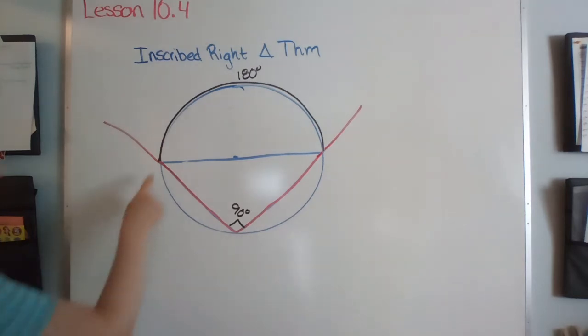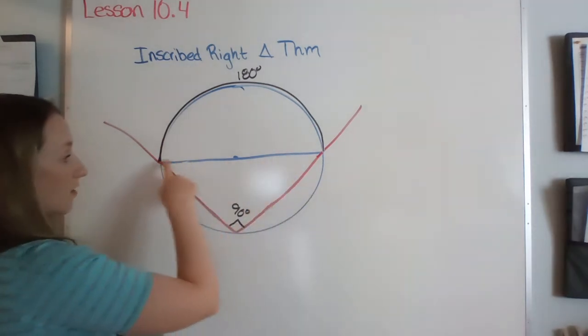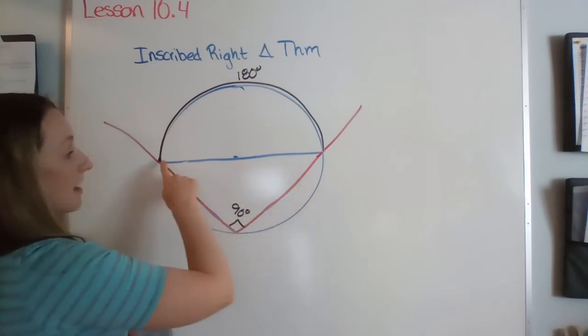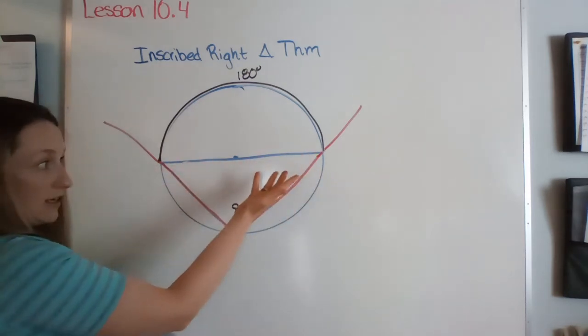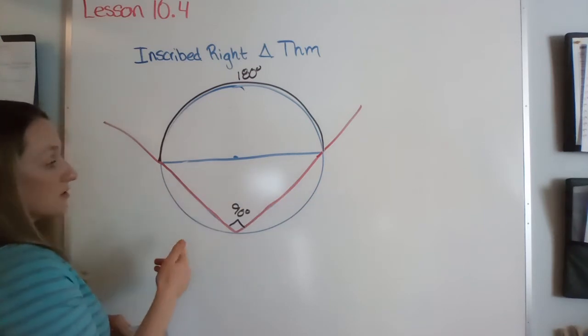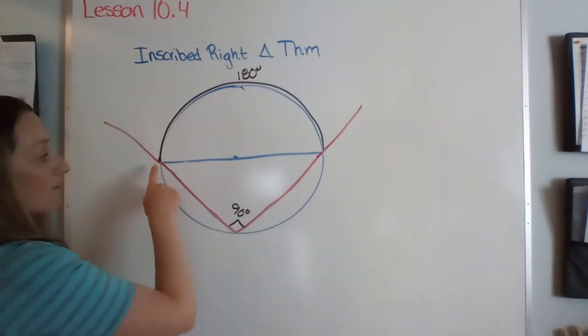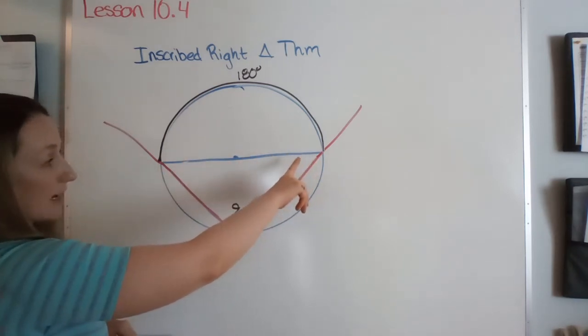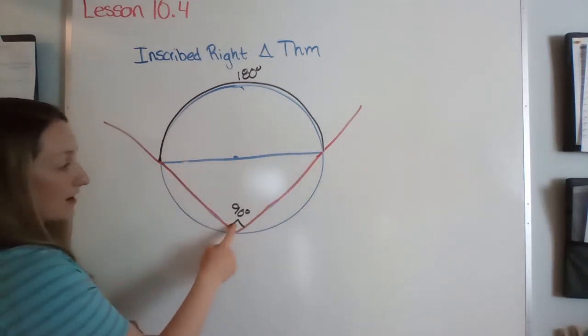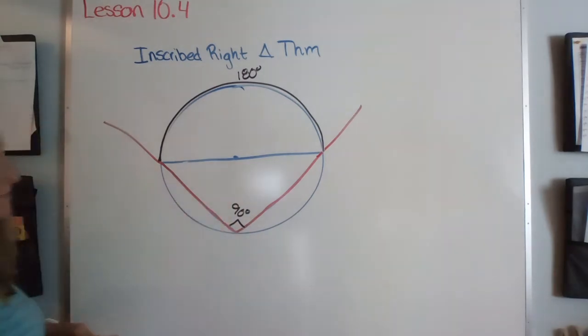This theorem is saying that if you have a right triangle, then the hypotenuse is the diameter of the circle, which it is. Or it's also saying that if you have one side of the triangle that is the diameter, then you have a right angle. You have a right triangle. So that illustrates that theorem.